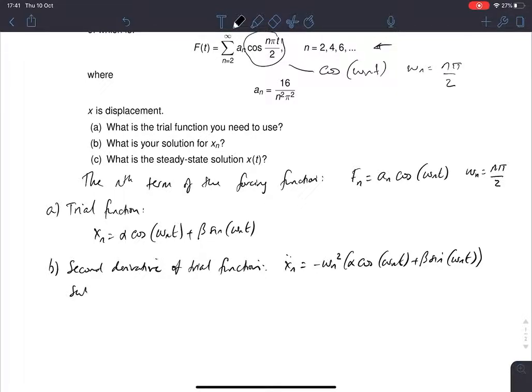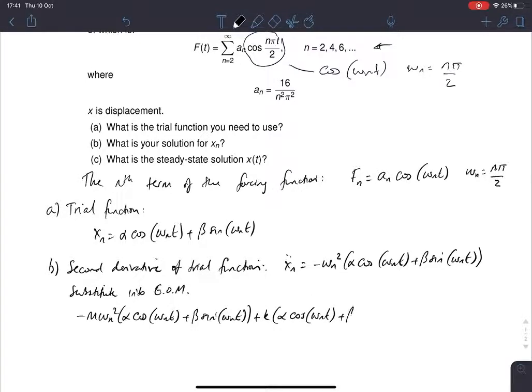We've got minus m omega n squared times alpha cosine omega n t plus beta sine omega n t, plus k times alpha cosine omega n t plus beta sine omega n t, equals a n cosine omega n t, and that comes from that equation there.